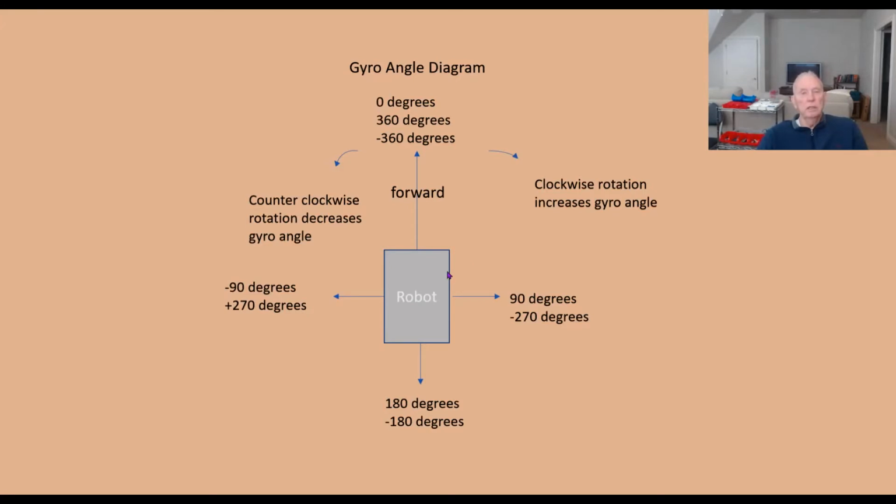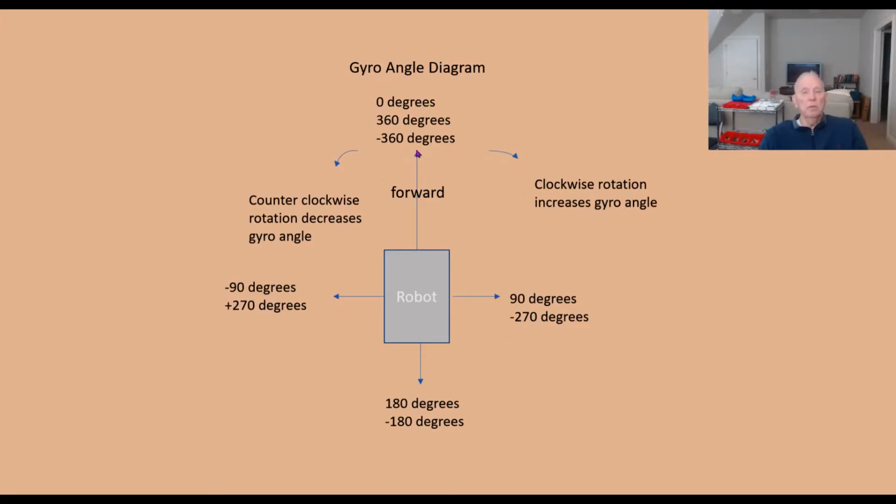So now sitting here at 0 degrees, if I turn the robot to the left, the degrees will go negative. And if I keep on turning, they just keep on going more and more negative, so that if I come all the way around 360 degrees, it will read minus 360. If I were to go around again, it would read minus 720. And in a similar way, if I go to the right, it will increase positively.